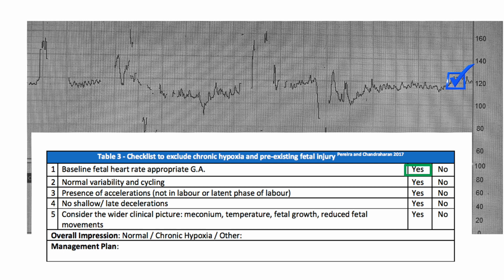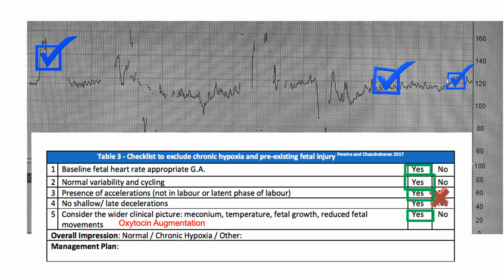Is the baseline fetal heart rate of 120 beats per minute appropriate for gestational age? Yes, it is. How is the variability, the bandwidth? Is it normal? Do we have any accelerations? Do we have any shallow or late decelerations?